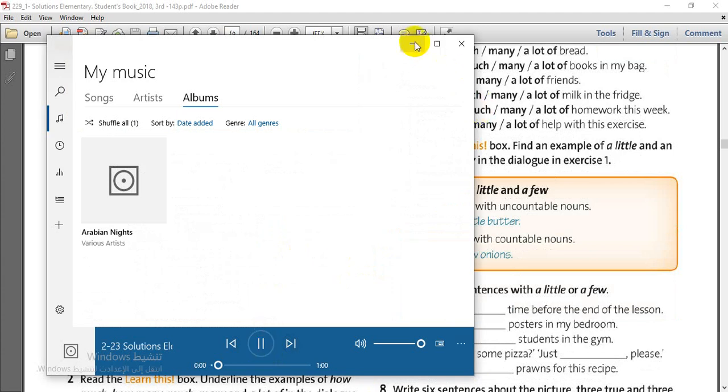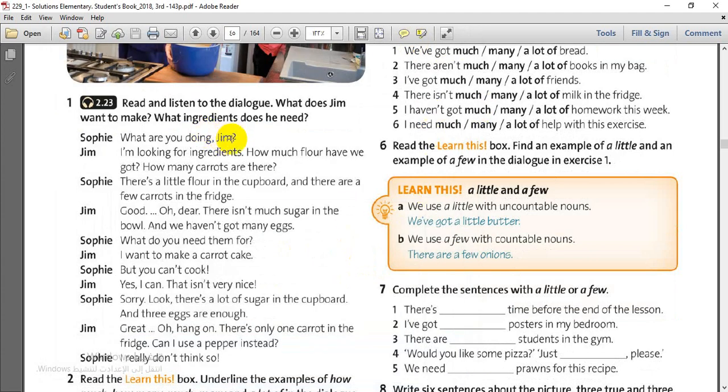Lesson 4D, Exercise 1. What are you doing, Jim? I'm looking for ingredients. How much flour have we got? How many carrots are there? There's a little flour in the cupboard and there are a few carrots in the fridge. Good. Oh dear. There isn't much sugar in the bowl, and we haven't got many eggs.